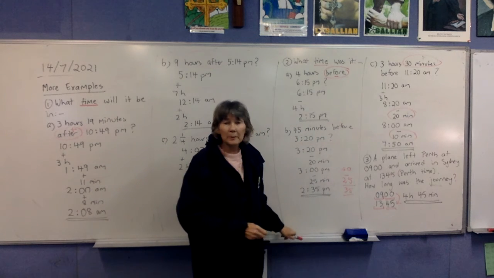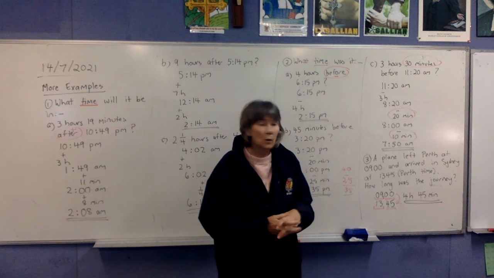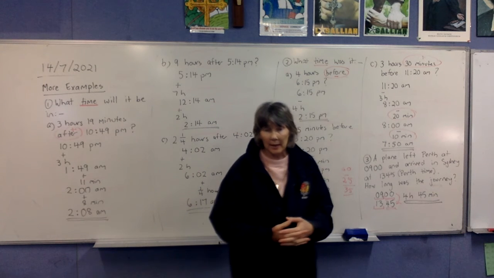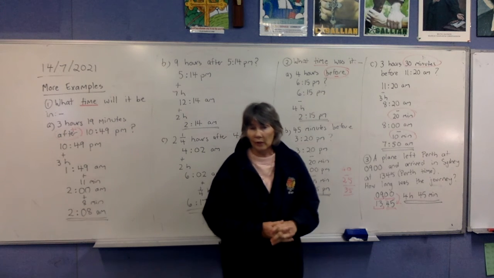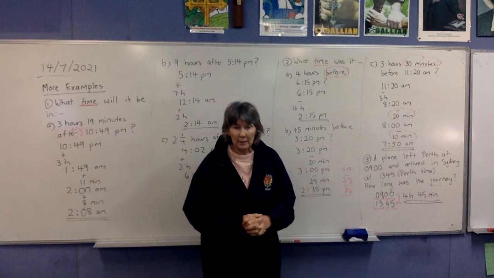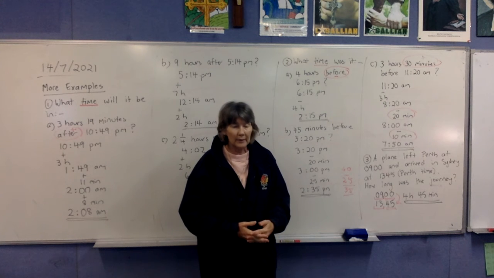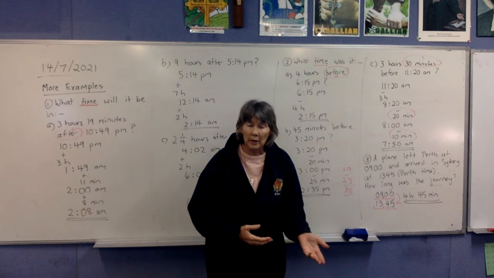Now the reason you've got to be good at time, or at least a little bit good at it, is because you're going to be using time all your life. So you have to have a bit of an understanding on how it works. So plenty of people book flights and then miss their flights because they just don't know how time works. They miss their flight, and then got to book another flight. They might end up getting to where they wanted to go late.